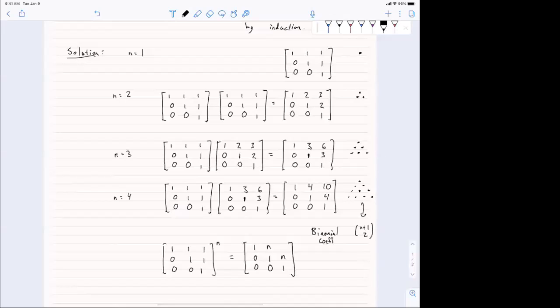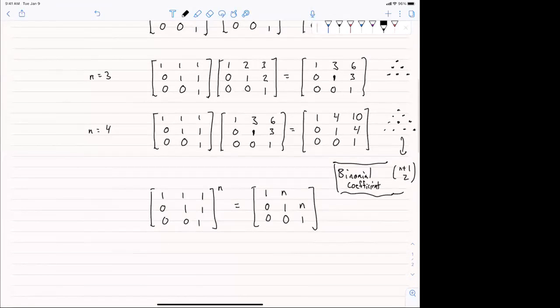If you ever do any statistics, you will need to learn quite a bit about these numbers. They're ever present whenever you're doing any probability theory or statistics. Not just n plus 1 choose 2, but n choose k in general. Let me write it a little more clearly.